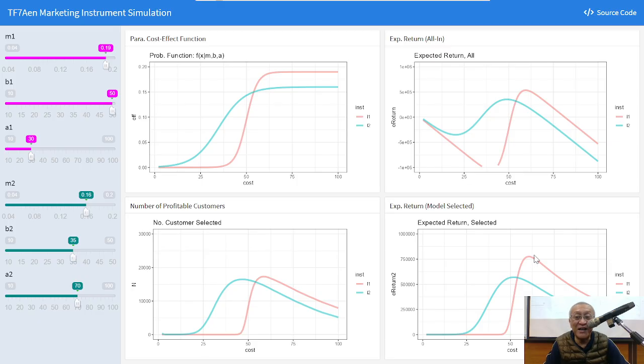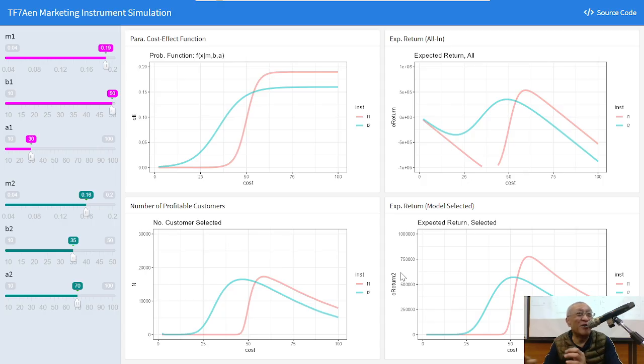And with that, I can apply to less than 20 million customers. As the result, I will increase my expected return value after deducting the cost. It means that I would earn about $750K.